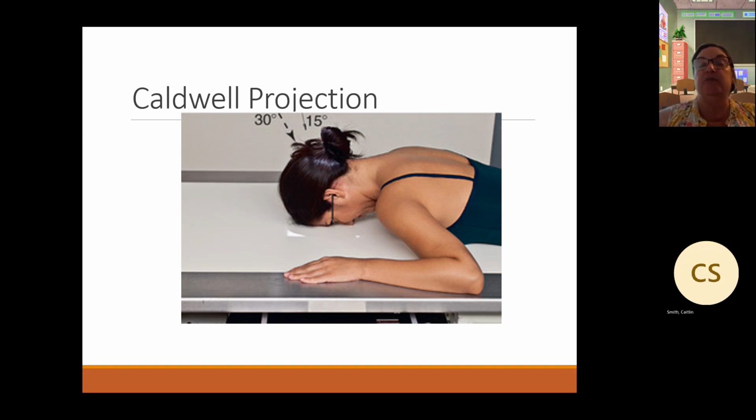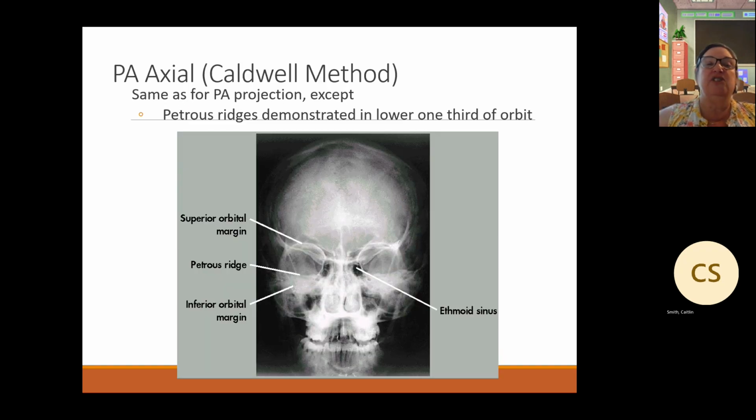And you should always suspend respiration for all your skull work, just so that the patient won't move. You can just tell them to stop breathing. Now, a PA axial Caldwell shows the petrous ridges, this is what's important, in the lower third of the orbit.